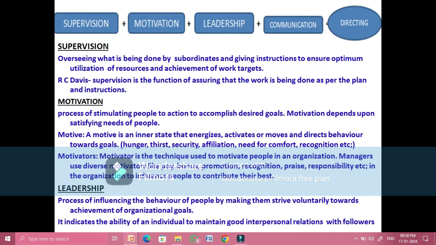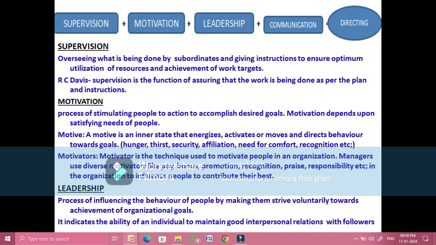The stimulation here, the motive, is to drink the water. Likewise, motivation is a process of stimulating people to take action. Why take action? To accomplish the desired goals. My desire is to drink water, so I have to take action to drink that water.